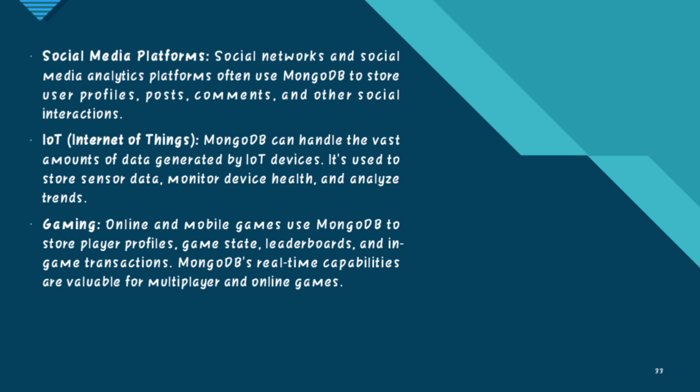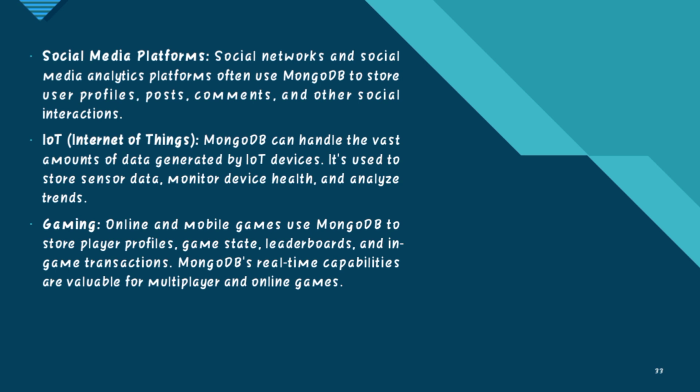Social networks and social media analytics platforms often use MongoDB to store user profiles, post comments, and other social interactions. IoT. IoT stands for Internet of Things. MongoDB can handle the vast amount of data generated by IoT devices. It is used to store sensor data, monitor device health, and analyze trends.